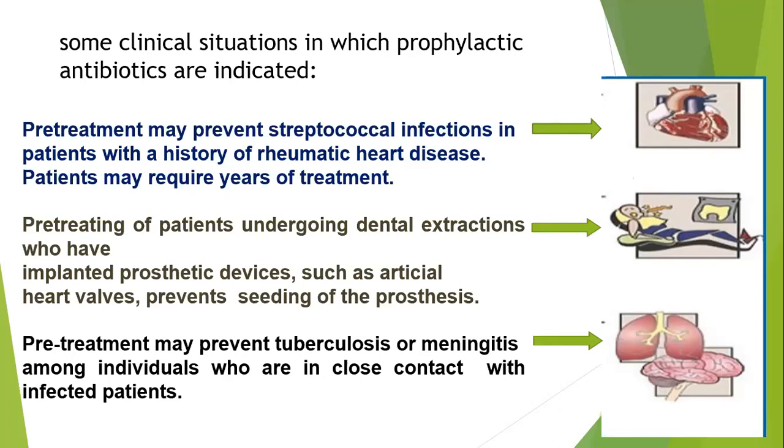For example, عندنا pre-treatment may prevent streptococcal infection in patients with a history of rheumatic heart disease. Pre-treatment of patients undergoing dental extraction. Pre-treatment may prevent tuberculosis or meningitis among individuals who are in close contact with infected patients.